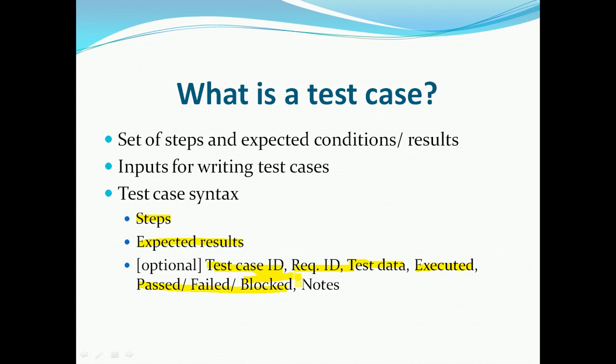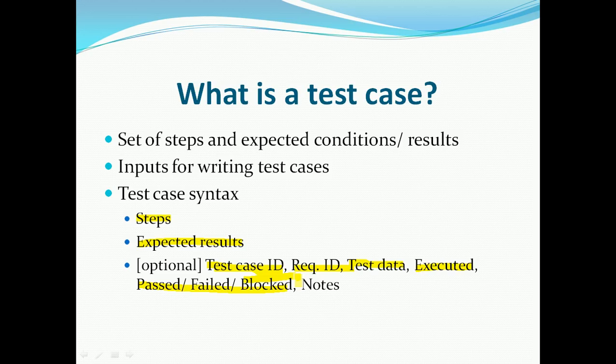Let us say the test case has a first step which says navigate to a particular website, and you find that when you type in the URL of that website in your browser, it does not show the website. So that means your test case is blocked. When the test case is blocked, you cannot find out whether the test case passes or fails because you are not able to execute the steps.